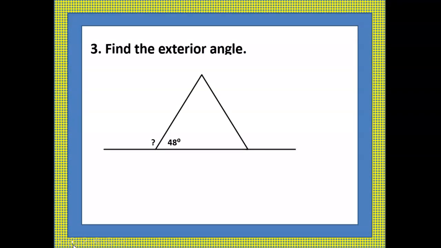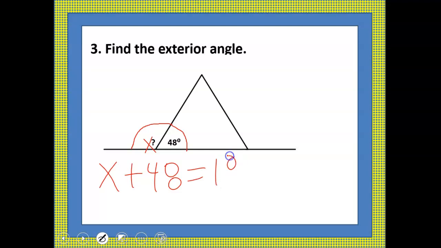All right, so this is kind of like the example I gave earlier where we have an interior angle and it's sitting right next to an exterior angle. And we said that interior angles, and we'll call this X because we don't know what it is, plus our interior angles are also supposed to equal 180.